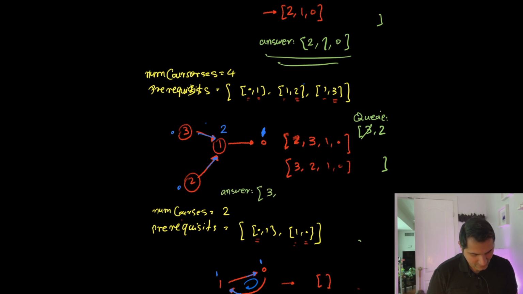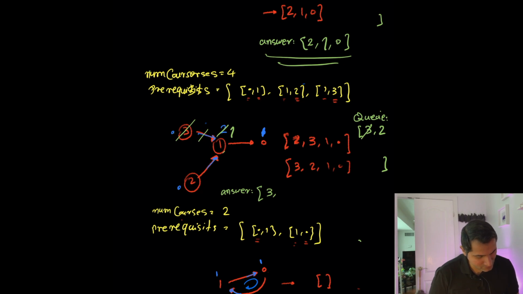Then I remove it from my graph. When I remove it from my graph, I have to update the in degree of its neighbors. The neighbor of 3, as you can see based on the graph, is course 1. So I have to decrease the in degree of course 1. So instead of 2, the in degree of 1 becomes 1.